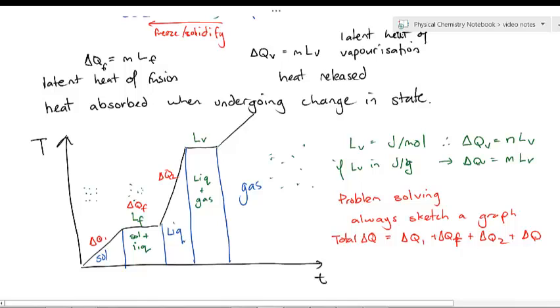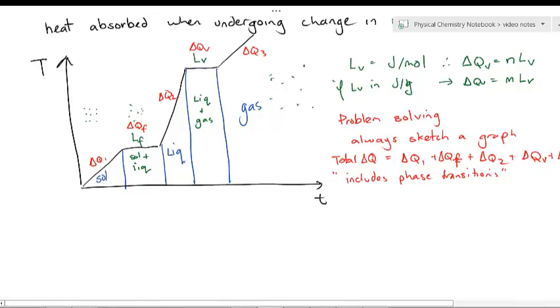Then also the change in energy from that melting point through to the vaporization point, which would be delta Q2, plus the change in energy due to the latent heat of vaporization. And finally, up to the final temperature of the gas. So Q1, Q2, and Q3, plus the change in state, so delta QF and delta QV. And you must include those phase changes. Even though there's no temperature change, there is a change in energy.